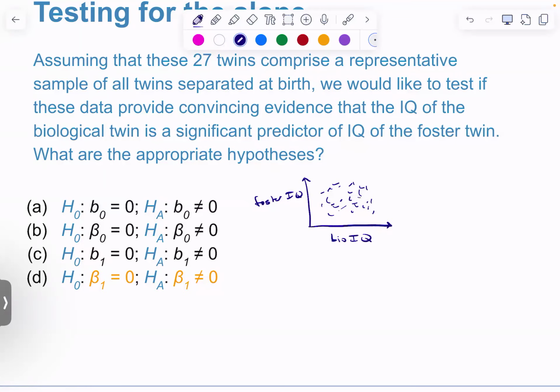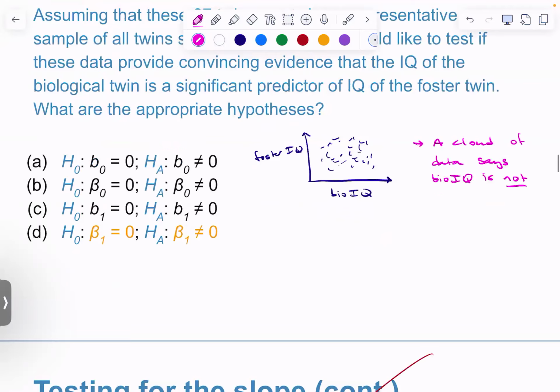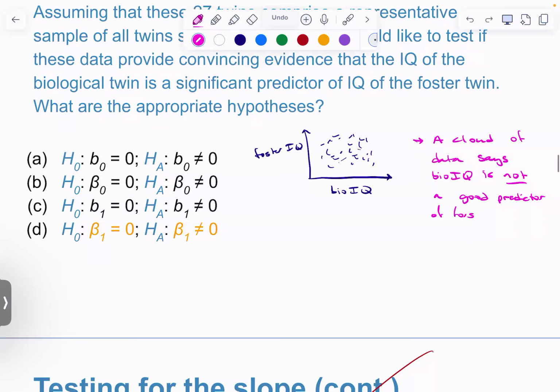If it's just a cloud of data, that says bio IQ is not a good predictor of Foster IQ. Okay. Because, why? The slope here would be 0.